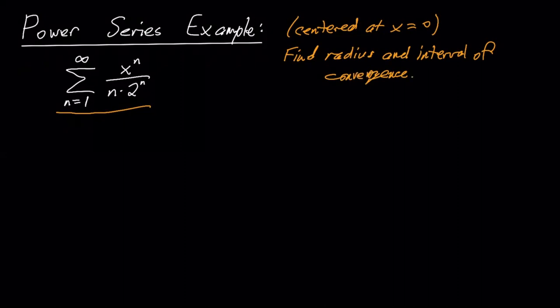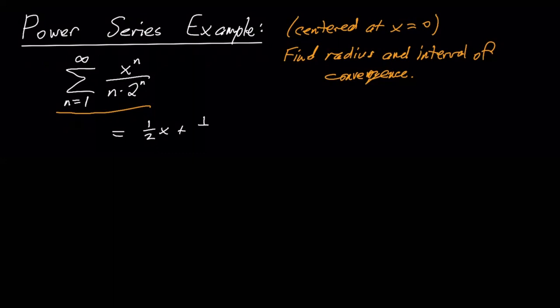So, to get your hands on this, you've got to start just writing out some terms of the series. If we plug in n equals 1, we get x over 1 times 2, so we get 1/2 x. If we plug in n equals 2, we get an x squared on top, and a 2 and a 2 squared on the bottom.